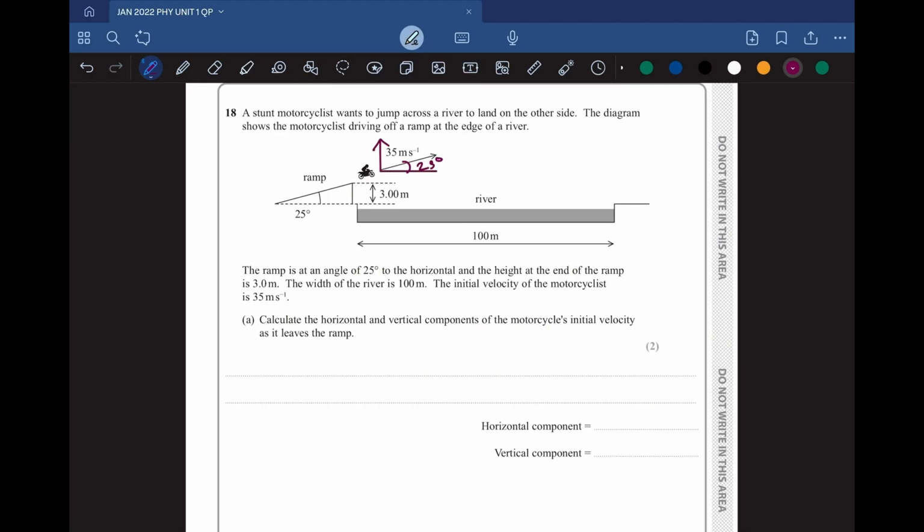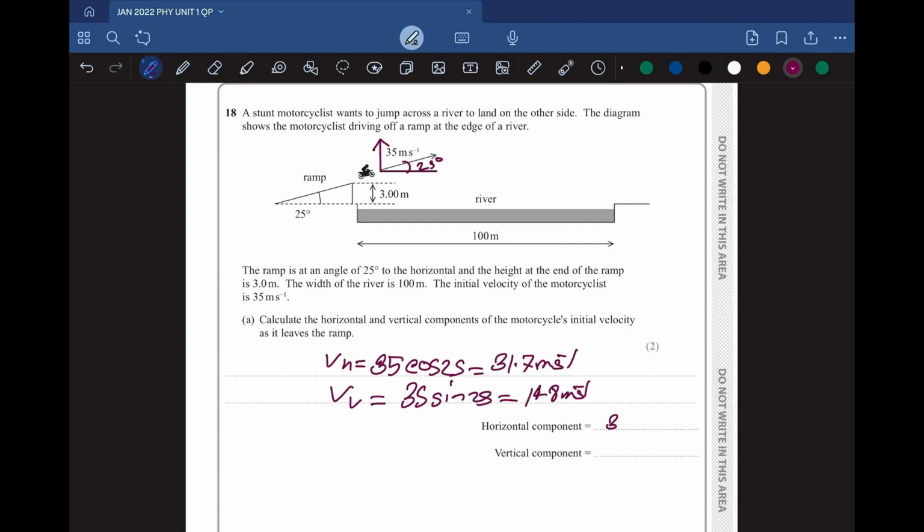The horizontal component is with the angle, so we can say it is 35 cos 25. This is the horizontal velocity, which is going to be equal to 31.7 m/s, and the vertical velocity is going to be 35 sin 25 because it is opposite the angle, and it is going to be 14.8 m/s.